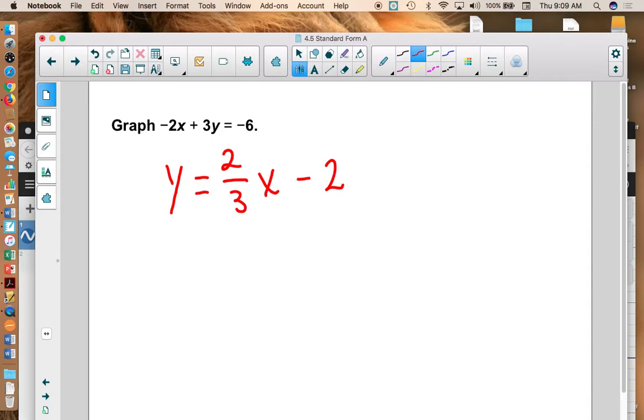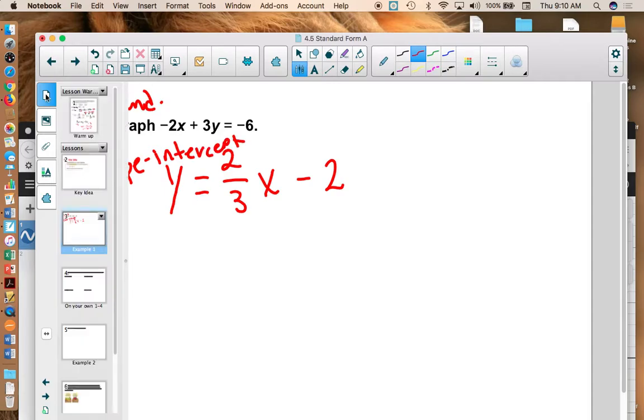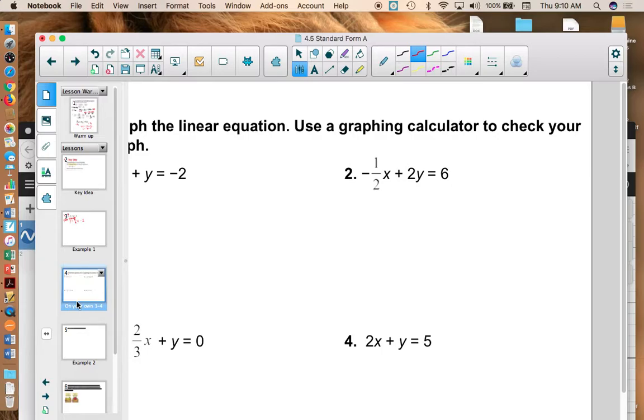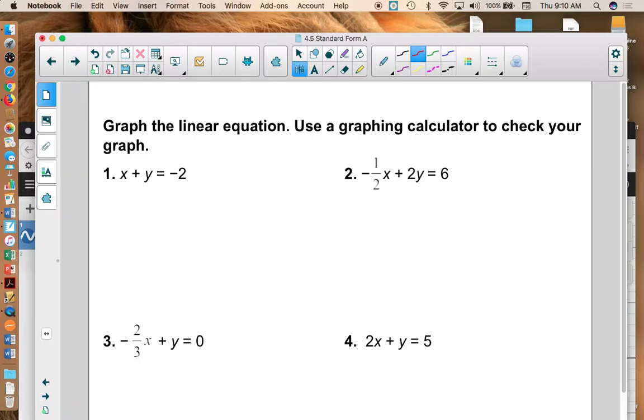I go from the standard to the slope-intercept. This is our standard, and this is our slope-intercept. Okay? What if we've used the standard, we've used the slope-intercept, what if we use the x and y intercepts?